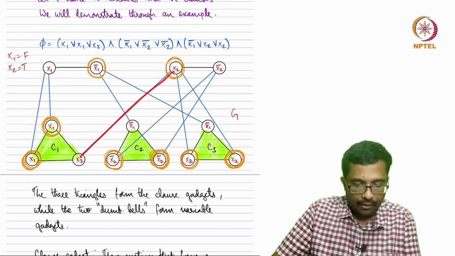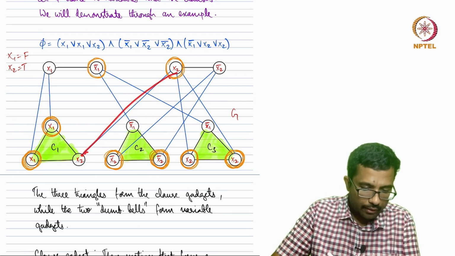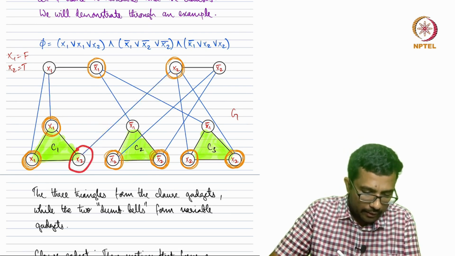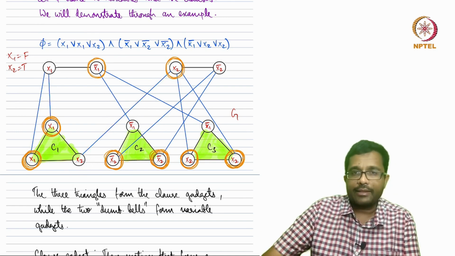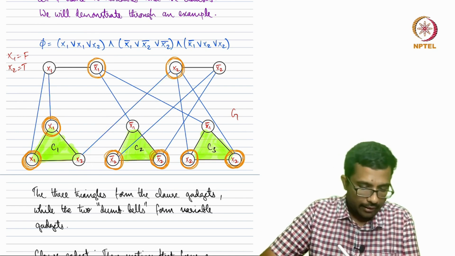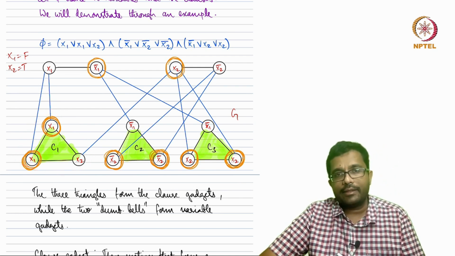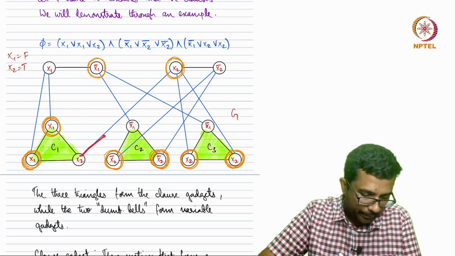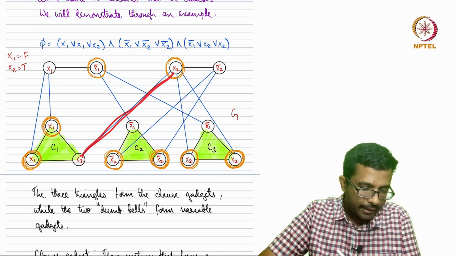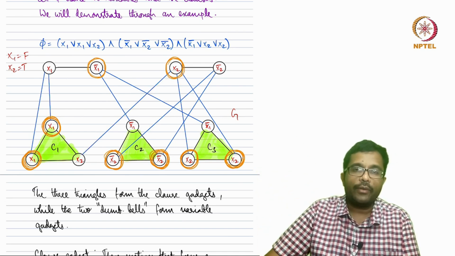The third edge is covered from the other side, from the variable gadget, because we only have exactly two vertices from each clause gadget in the vertex cover. So the third edge going across is covered from the literal side, from the variable gadget.